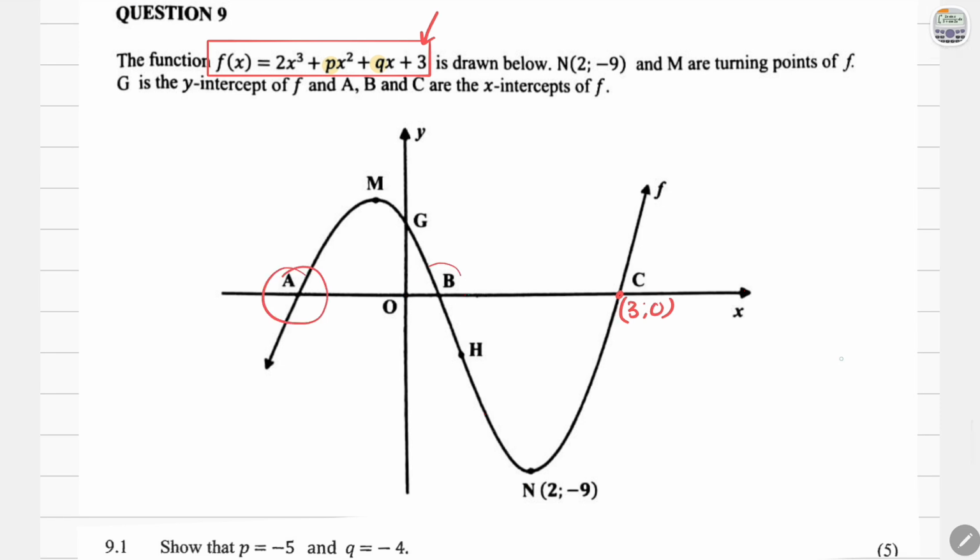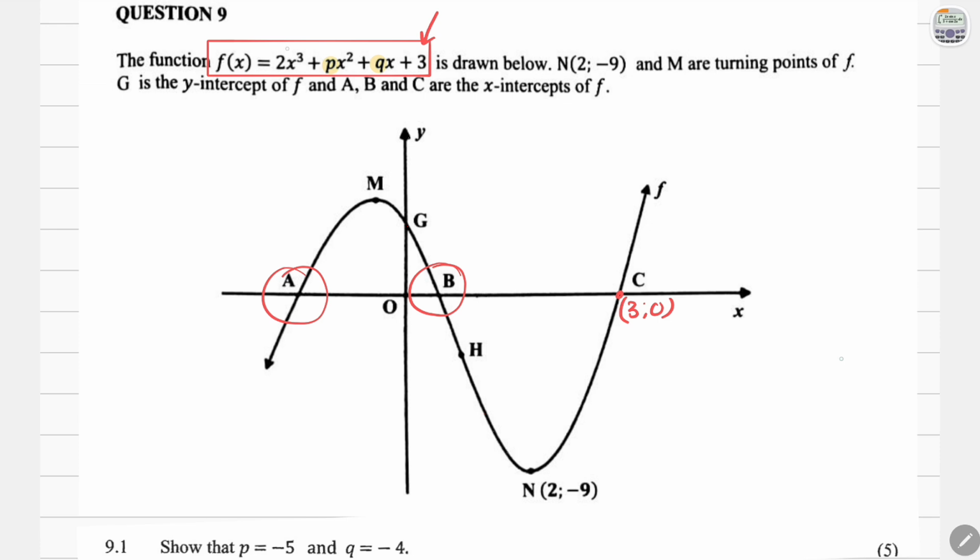How does that help us find these? Well, these are x-intercepts, and in order to find the x-intercept, you need to make y equal to 0. Once you make y equal to 0, you have to actually factorize this. And so what they're actually giving us is a factor. They're telling us this is one of the solutions you're going to get. They're giving us a factor and a solution. So we don't have to search for it.